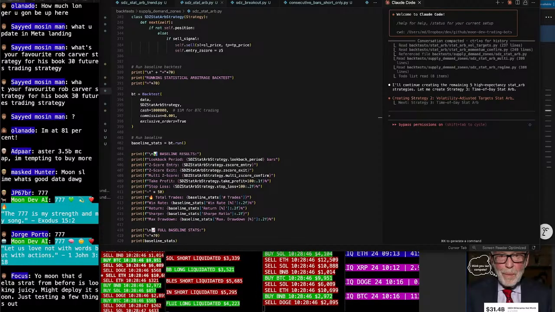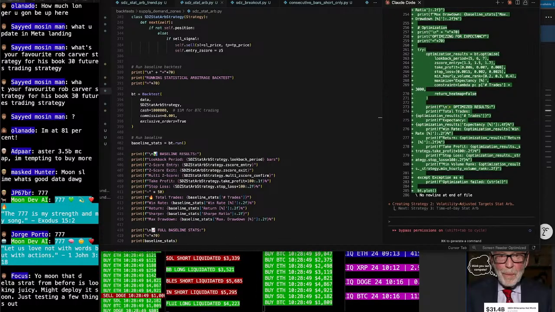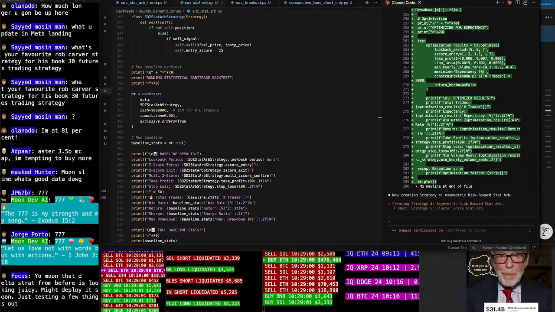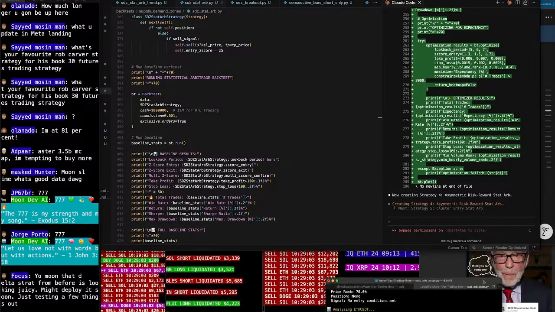So it's working on strategy 2 here. Okay, and it hasn't taken any trades in a minute, which is actually reassuring to me.